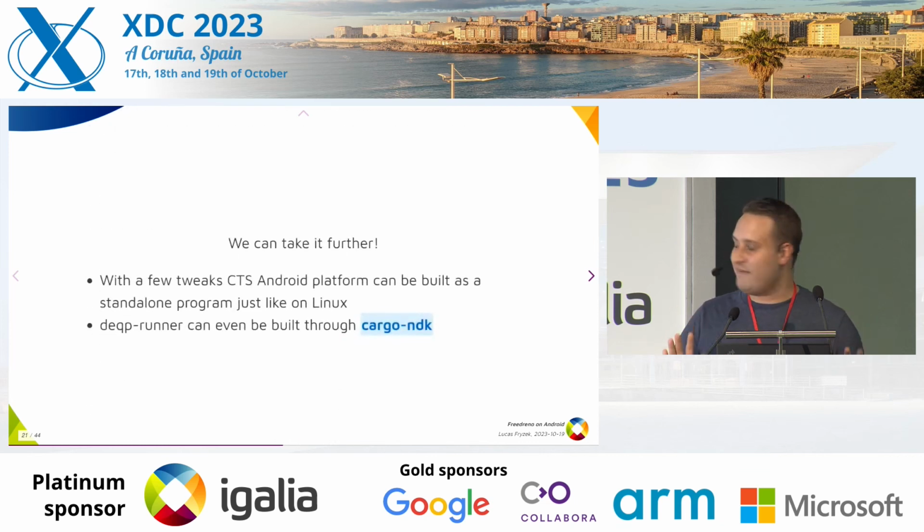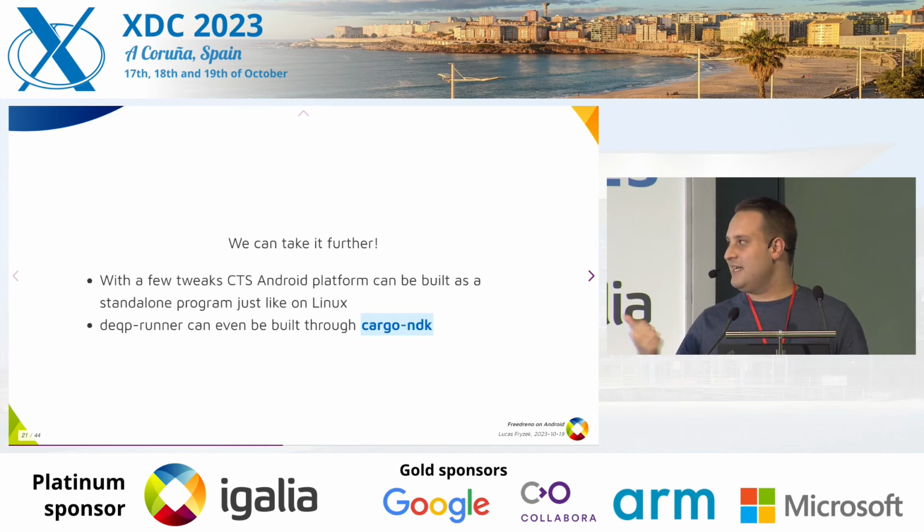But we can even take it further. Although the stock CTS, when you try to build on an Android platform, only lets you target an APK build, we can modify the CTS Android platform to build more like the Linux one, where it's a command line app, and then you can, again, copy that to your device, and then you can run it from this nice ADB shell environment.